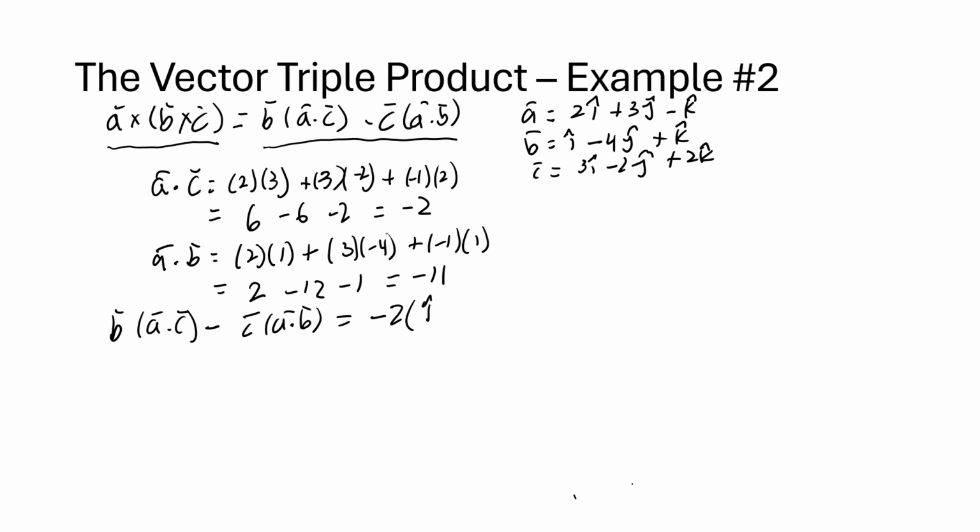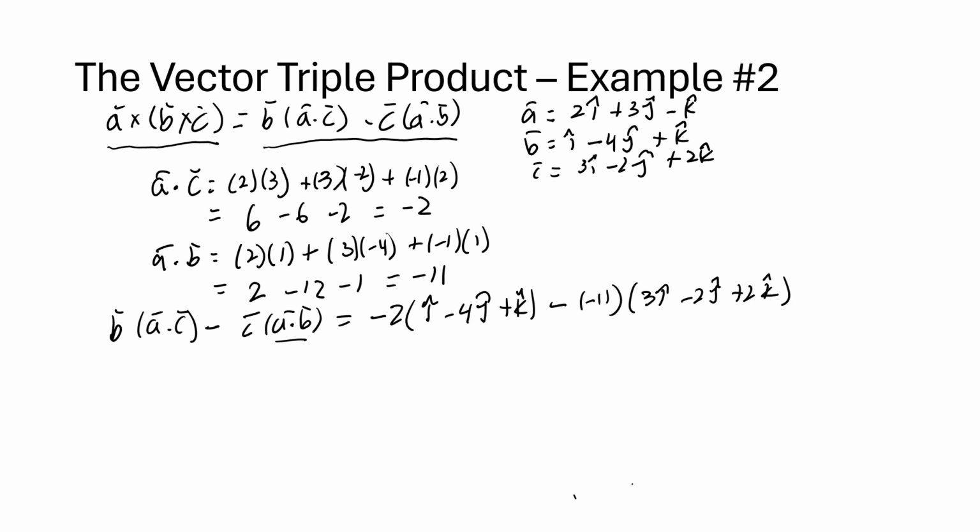It is i minus 4j plus k. Now we're subtracting these, but the A dot B, in other words this term right there, is minus 11. And then we multiply it by the vector C, which is 3i minus 2j plus 2k.